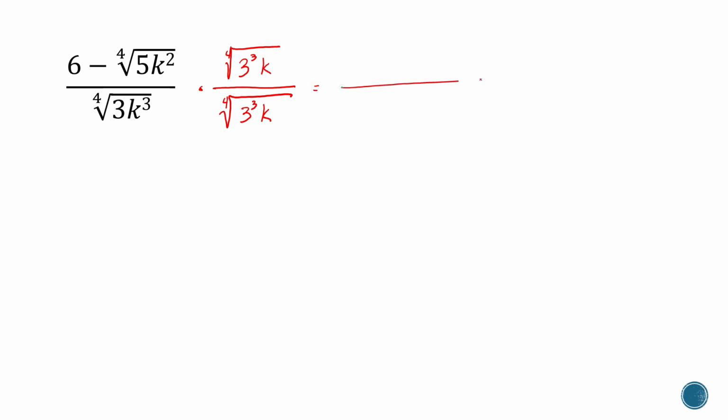So the denominator is now the fourth root of 3 raised to 4 and k raised to 4. Multiply that by 6, that is 6 times the fourth root of 3 raised to 3, which is 27k, minus, multiply this by the fourth root of 5k squared and 27.